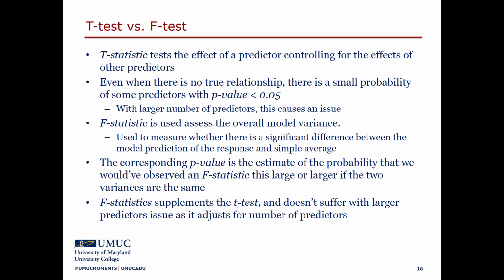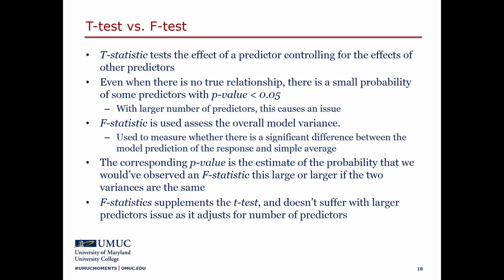So the F statistic is used to assess overall model performance, to measure whether there is a significant difference between the model prediction and the response in the simple average, again by accounting for the number of predictors included in the model. Similar to the t-statistic, where there is a corresponding p-value, we also have a corresponding p-value for the F statistic, which is an estimate of the probability that we would have observed an F statistic as large as what we computed if the two variances are the same.